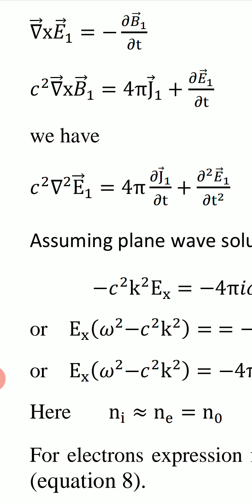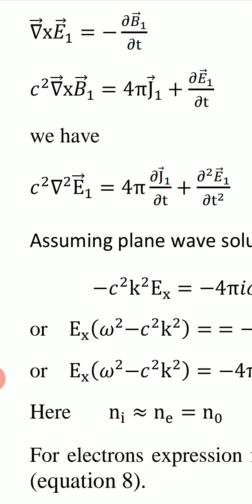This we can obtain by differentiating the second equation, so that in place of B1 vector we get delta B1 upon delta t, and on the right hand side in place of J1 we have delta J1 upon delta t, and in the second term we have d2 E1 upon dt square.